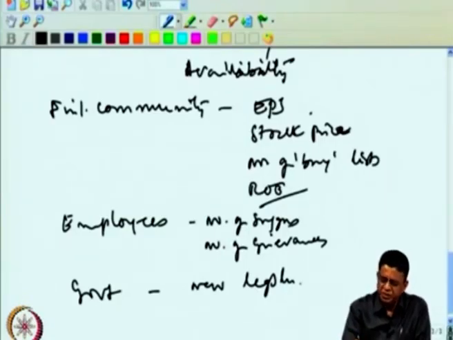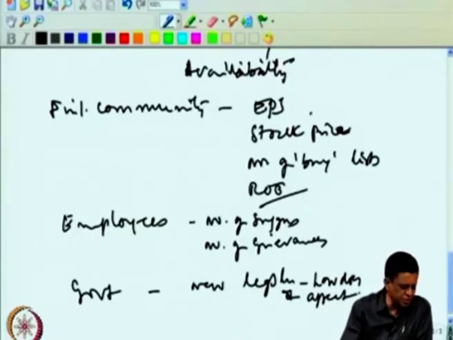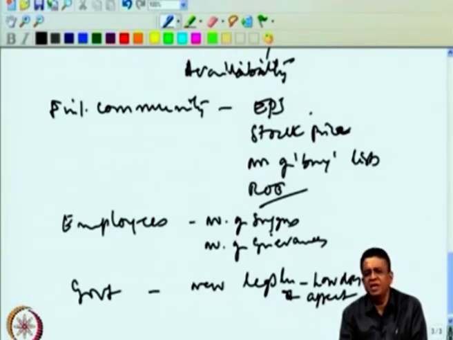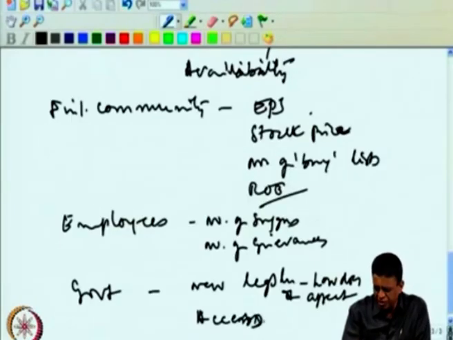Then the second thing you might be concerned with is the access of the government, that is the key government functionaries, to key members and staff of the company. So, this is what you may be concerned with.